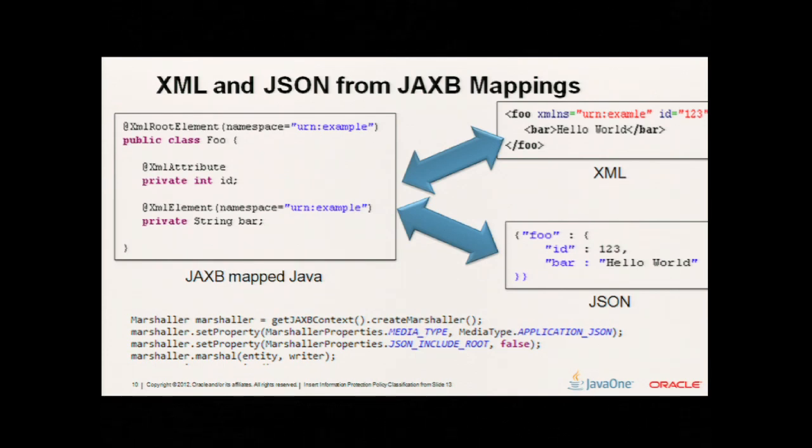So if you're actually using this inside of a JAX-RS service, you take the media type requested, pass it to the marshaller, and it automatically gives you your objects back in that format. So that second line is the important one. The next one just really deals with how the root level element is spelled out or whether it's embedded.